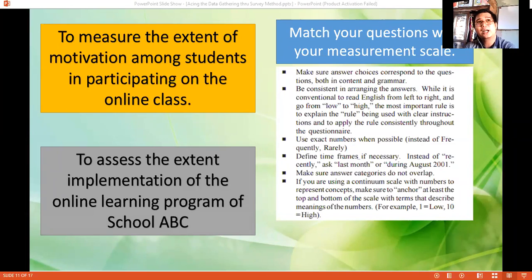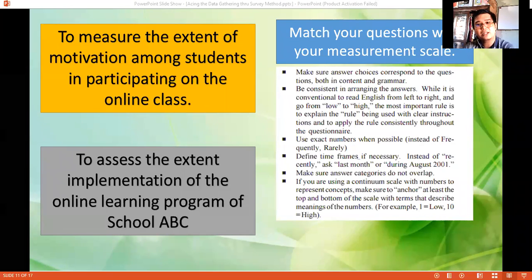Another one. If what we are going to measure is the behavior, okay, the level of adjustment, you can use the terms effective or applicable: highly applicable, highly suitable, not suitable at all.